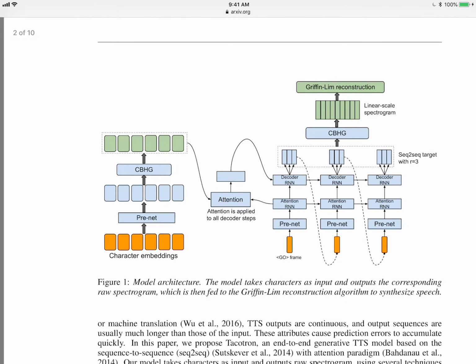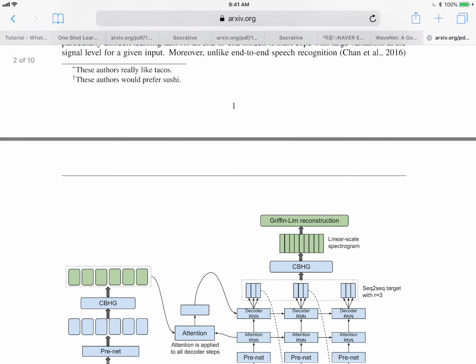That will also be given as input of a WaveNet model, and that will complete our kind of end-to-end text-to-speech synthesis. Okay, it looks like quite an interesting model.